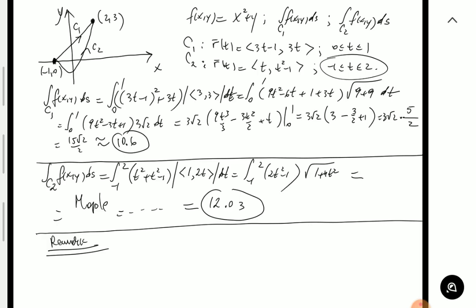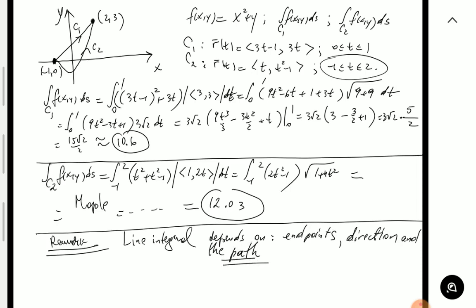Generally speaking, the line integral, if you look carefully, depends on endpoints, direction, on the path. I mean, we'll talk about that in a moment, because if you reverse the direction, you change the sign of the integral. Direction and the path.